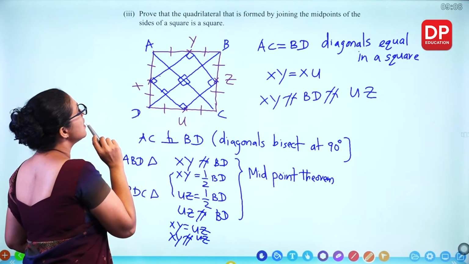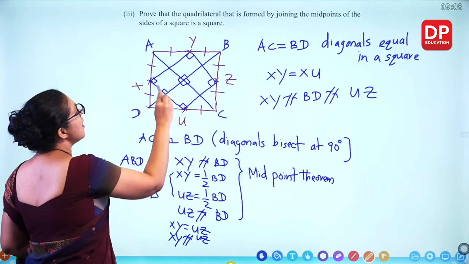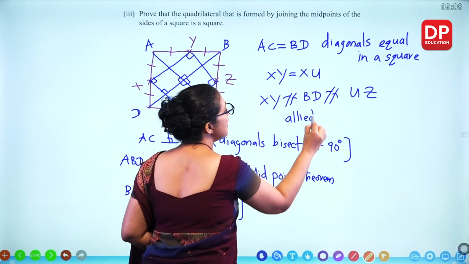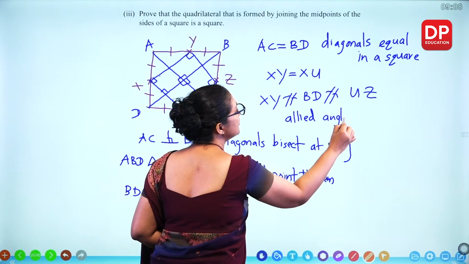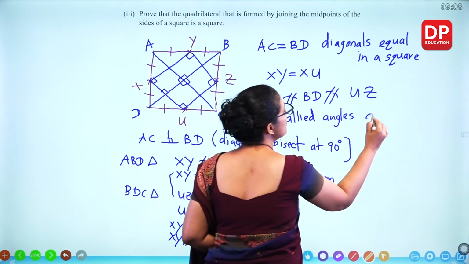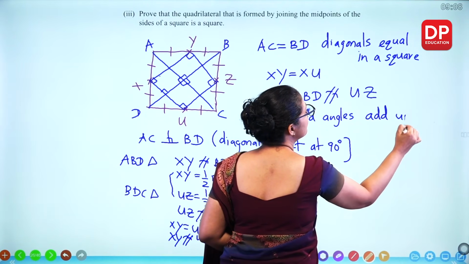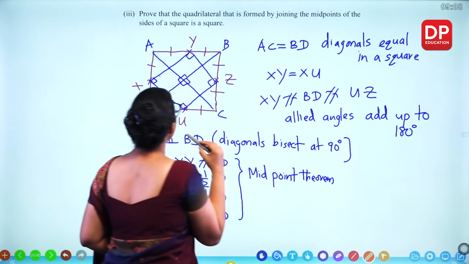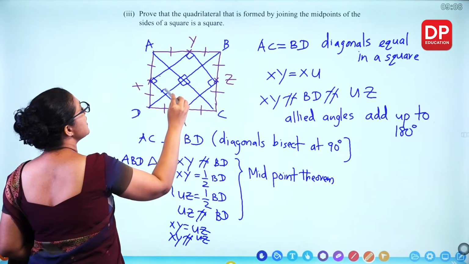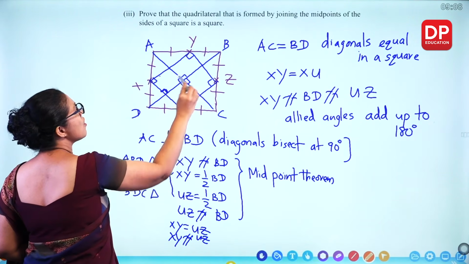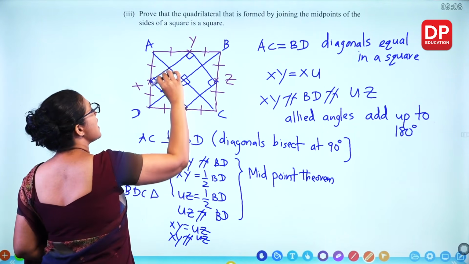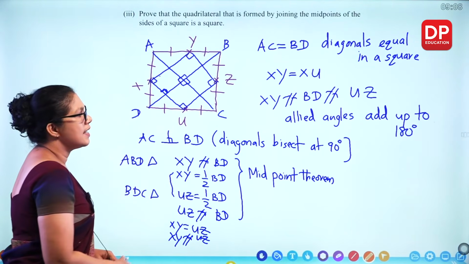So allied angles add up to 180. So we know this angle is 90 because of corresponding angles, and this is 90 because of allied angles.